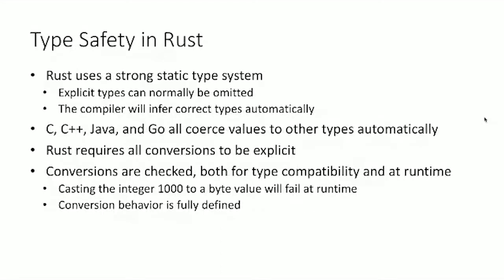Now, normally, you would expect a strong type system to involve a huge amount of compile time and programmer overhead. You'd have to write out all the types. It would be very annoying, except it's not. If you're coming from a language like Haskell or Kotlin, you've probably experienced this a little bit before.